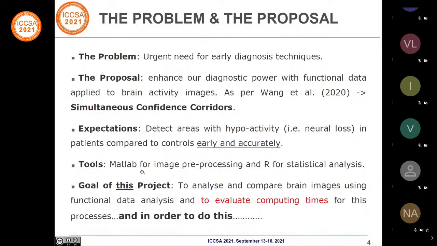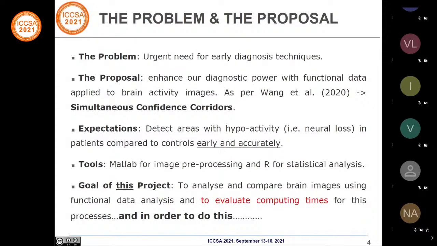The tools, which is not very important here: we use MATLAB for image preprocessing and mostly R, the statistical package, for the statistical analysis. The goal of this project, like this paper that we're presenting here, is to analyze and compare brain images with functional data analysis, but also, and this is the main goal of this article, to evaluate computing times of this process.